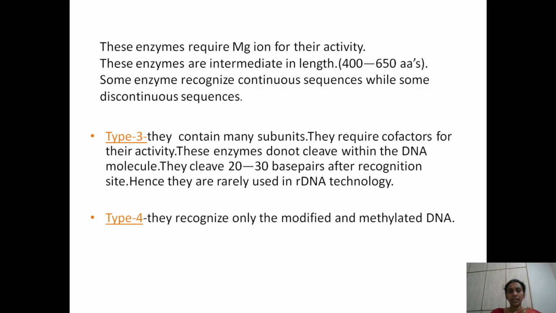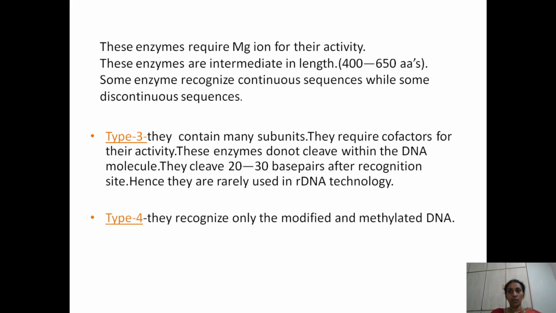We already learned that type 2 enzymes cleave exactly within the restriction site or target site. But type 3 enzymes do not cleave exactly. They cleave 20 to 30 bases away from the recognition site. Hence, they are also not used in rDNA technology. Type 1 also has the same problem, and type 3 also. They do not cleave exactly at the restriction site.